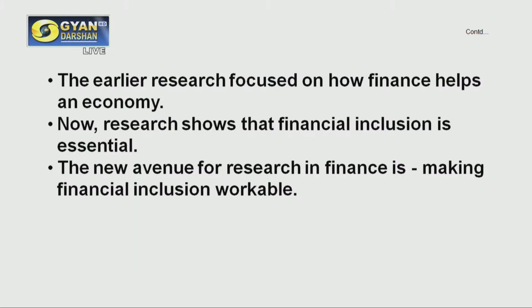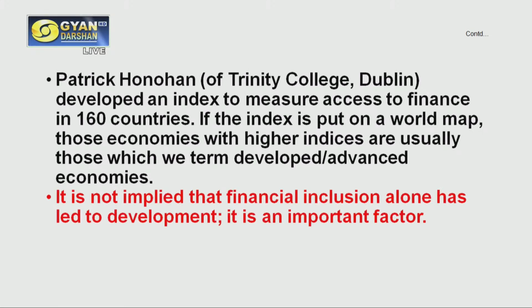Now the research shows that financial inclusion is very essential. It is important for countries to make each and every person of that country access various financial products. The new avenue for research is how finance is making financial inclusion workable in that country.